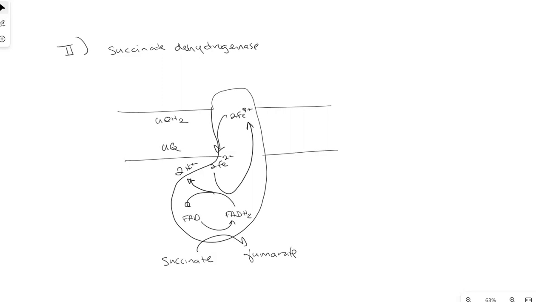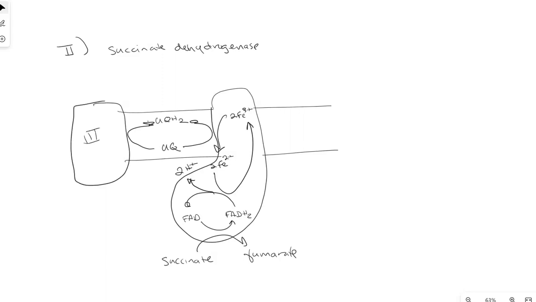For these high energy electrons, the ubiquinone will pick up these protons, these high energy electrons, and make a pool of ubiquinone. And this ubiquinone can then be picked up by complex 3.